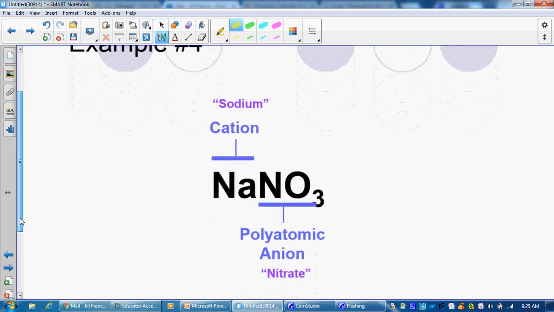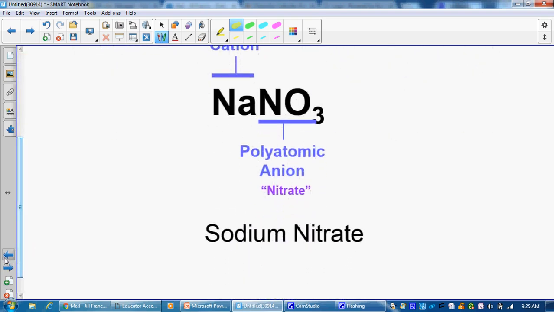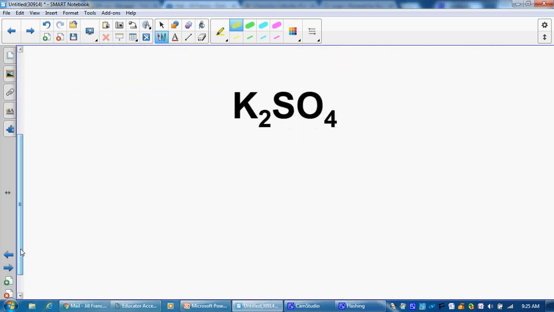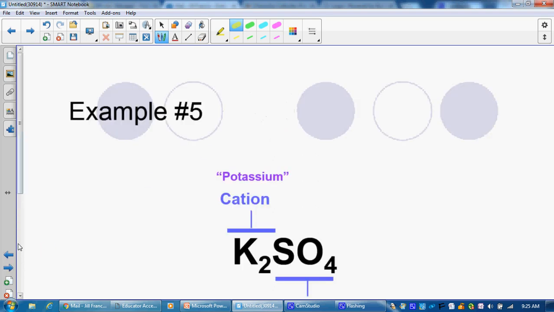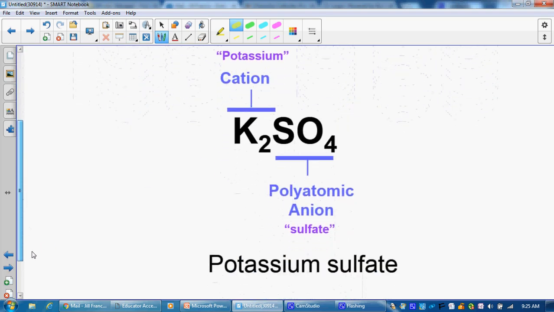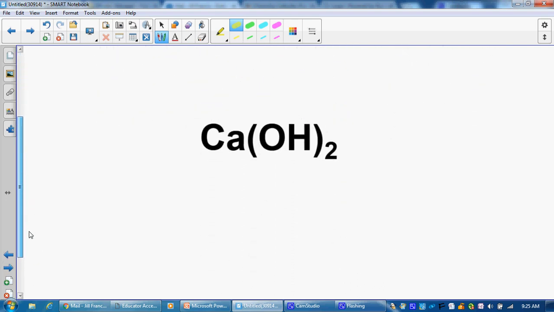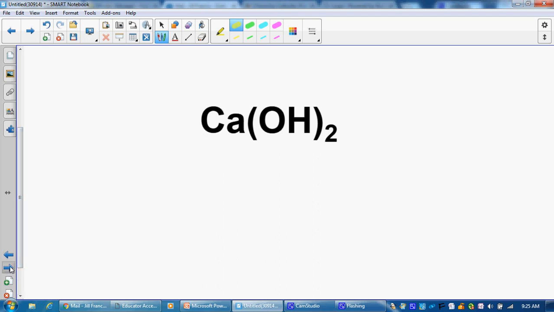In this one, you would write sodium, look up your polyatomic ion, and it would be nitrate. Second example, write down potassium, and then look up your polyatomic ion, and this is sulfate. Okay, so a lot of these you're just going to have to look it up because you don't know the names of them. Calcium, and then OH is hydroxide.